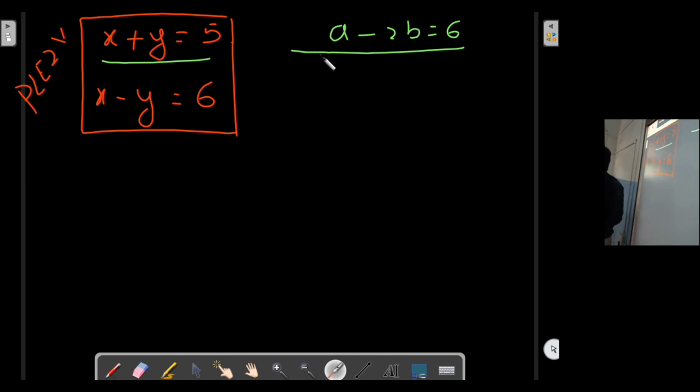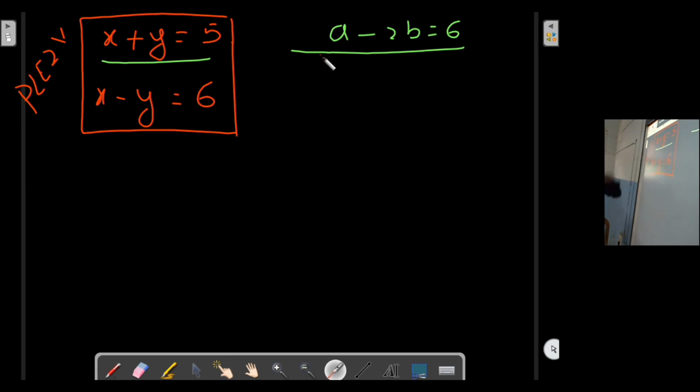Okay. Last year we already discussed linear equations in two variables. For one equation, how many solutions are there? I already explained: infinite number of solutions. For this pair of linear equations, how many solutions are there, sir? This is the question.